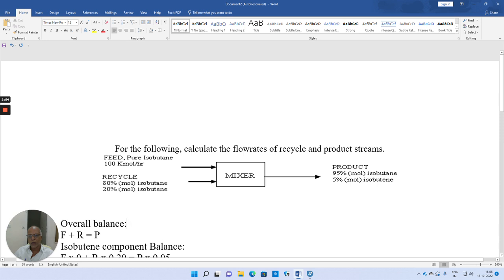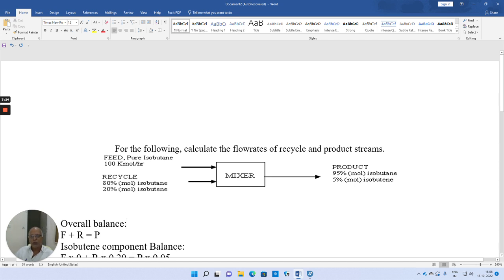In fact, though we are required to calculate the value of recycle and product, unless we have the recycle flow rate, we may not be in a position to complete the problem definition for this simulation. So we may have to start with an assumption for the recycle flow rate, solve the model, calculate the product composition, compare it with your required composition, and if the required composition is not met, you need to go back and assume another value for recycle.